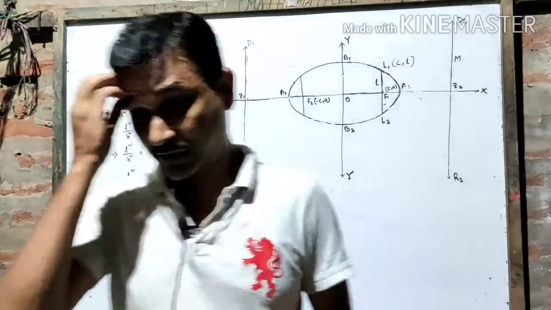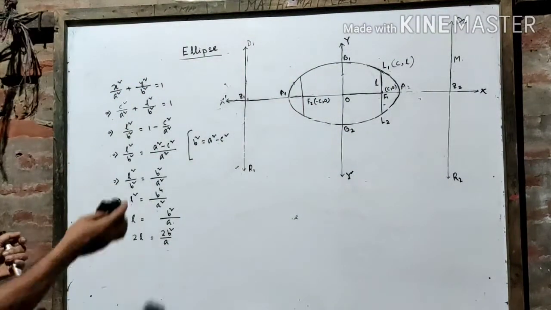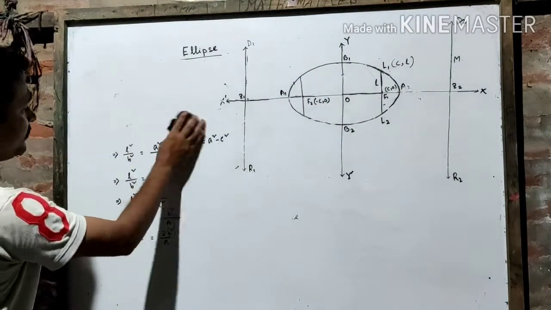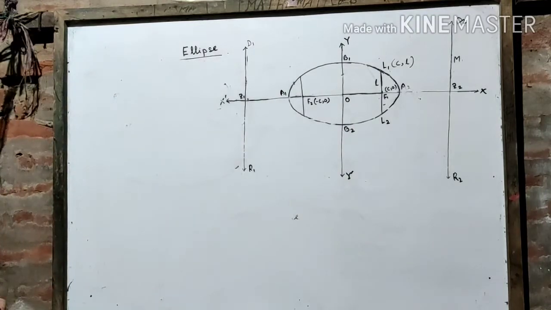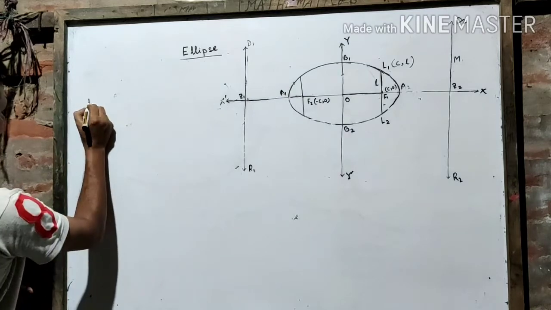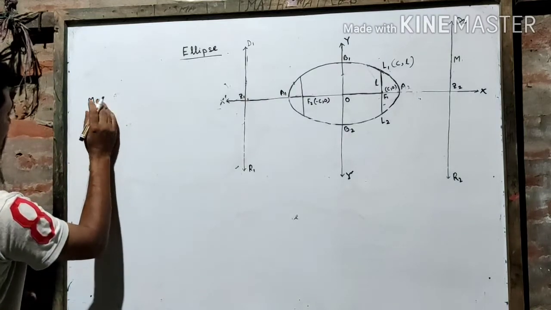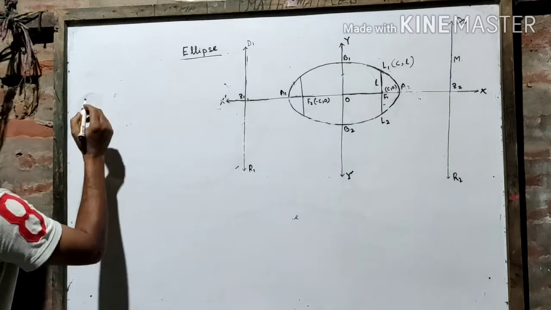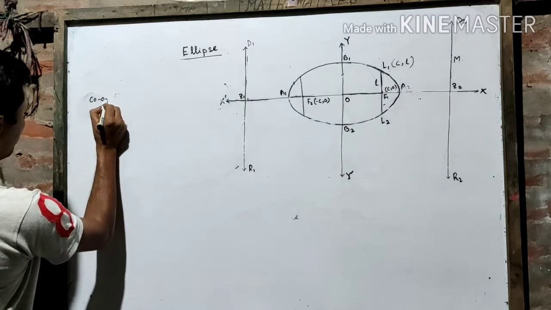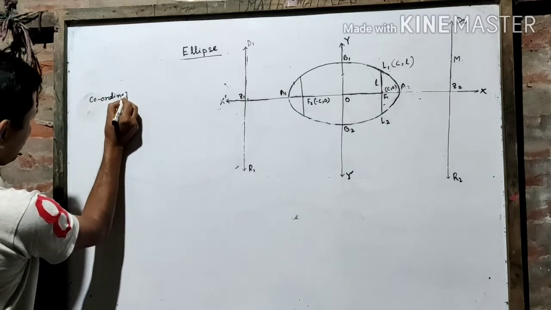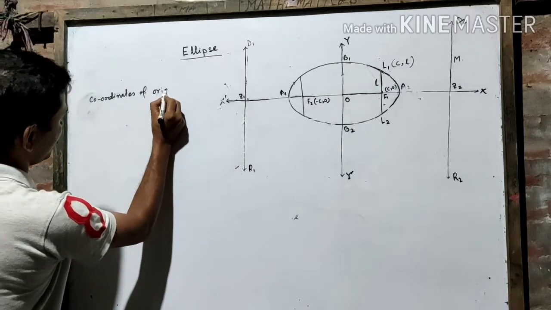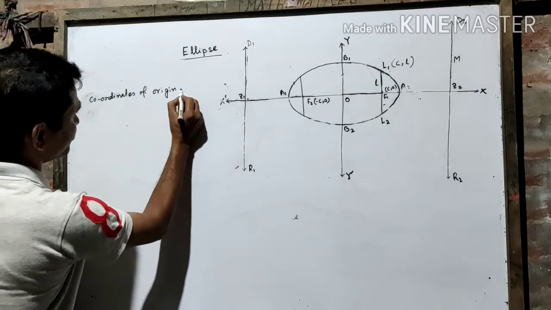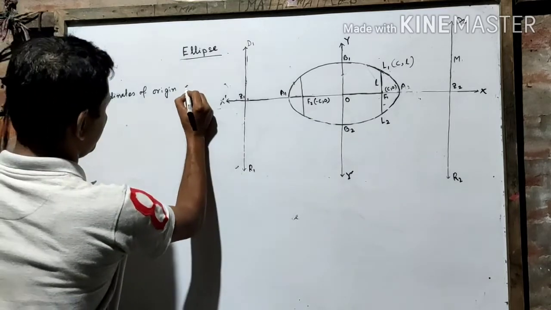All right. Now let us note the points we have found. Number one, major axis. Let's start with the coordinates. Coordinates of origin: 0, 0.